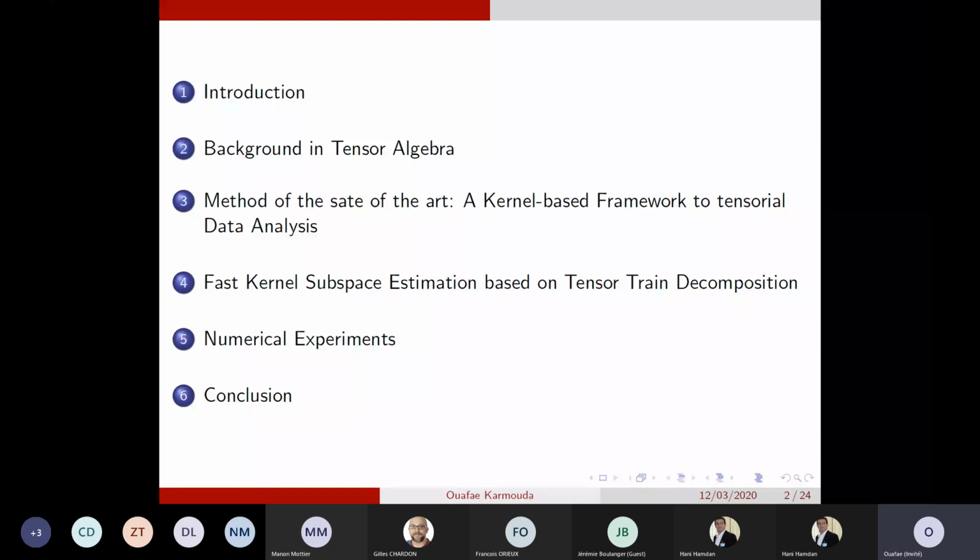Once I have done this, I will present a kernel-based framework to tensorial data analysis, which is the method of the state of the art. Then I will present our proposed method named FAKSETT for fast kernel subspace estimation based on Tensor-Train Decomposition. Next, I will show some numerical experiments to illustrate the method of the state of the art and the FAKSETT method.